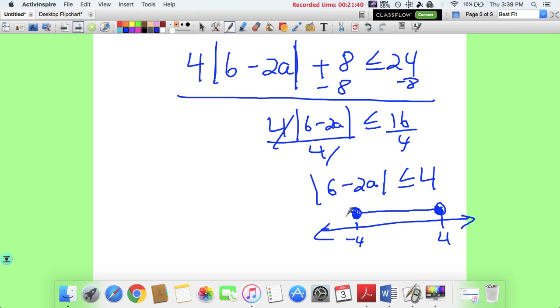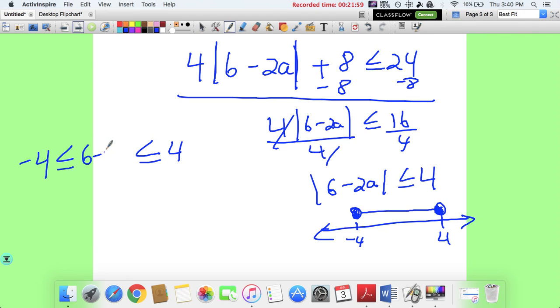So this is our area, this is where we're going to apply. We have to be in between these two numbers. So therefore, when I set up my inequality, it's going to be 4 over here and -4 over here.